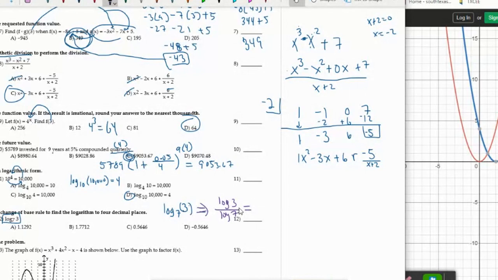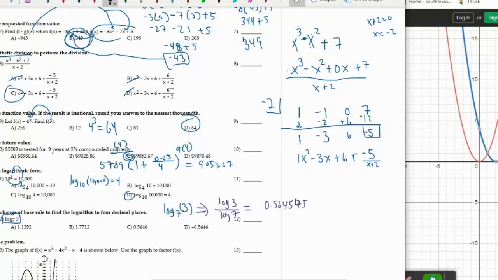If you type in log of 3, well, actually, my calculator has both. So I get 0.564575.